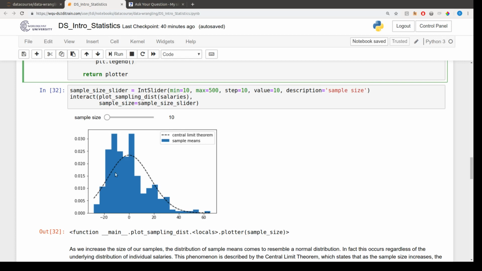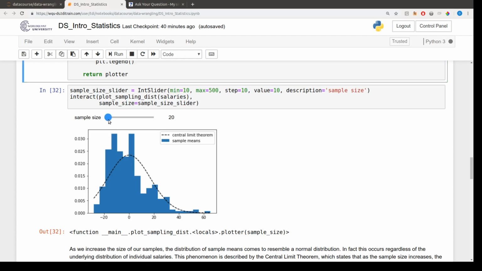And what we see here bears that out. Many of our samples have an error of approximately 0. But we see a substantial bulk of our histogram has errors ranging from negative $20,000 to positive $20,000.